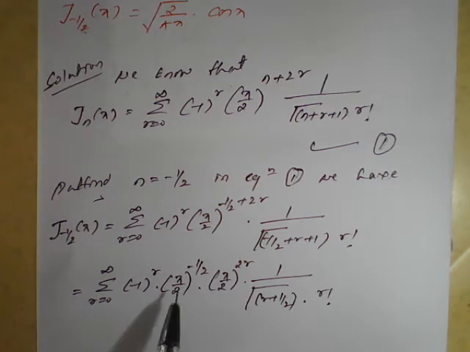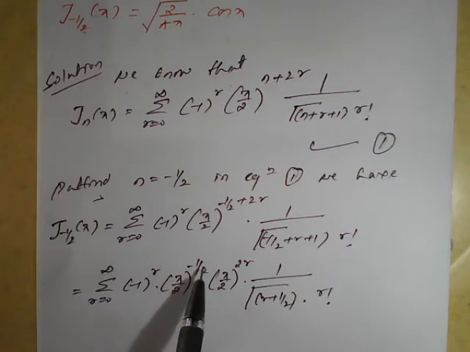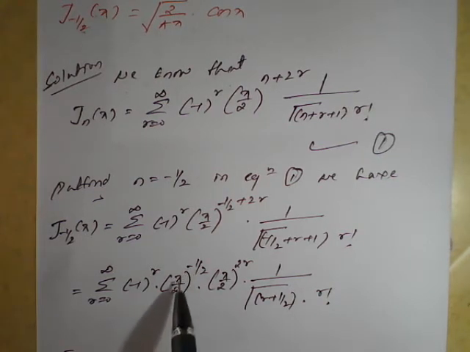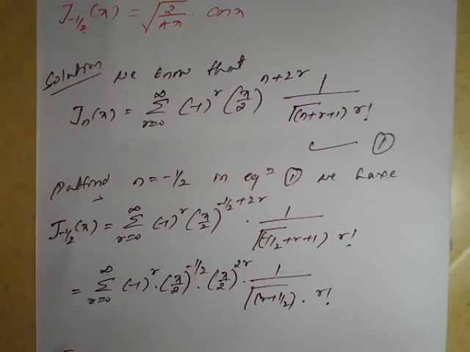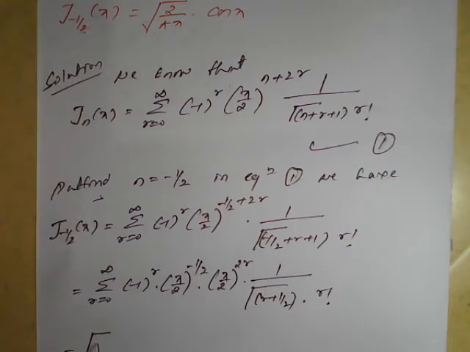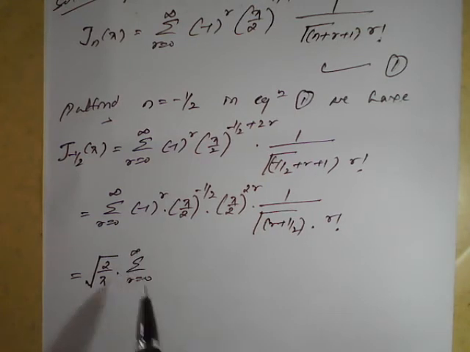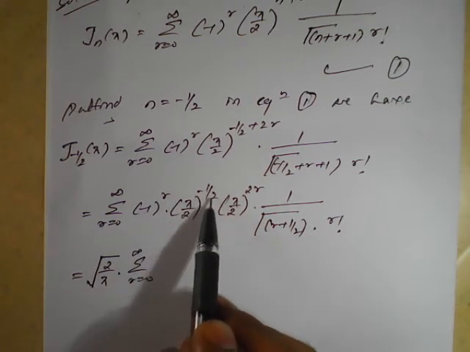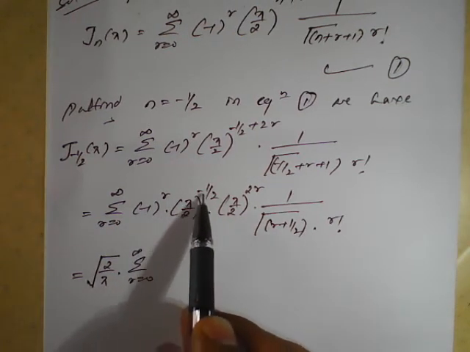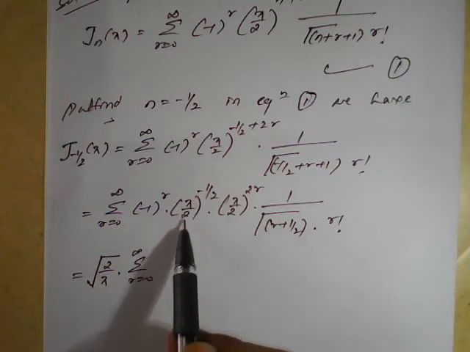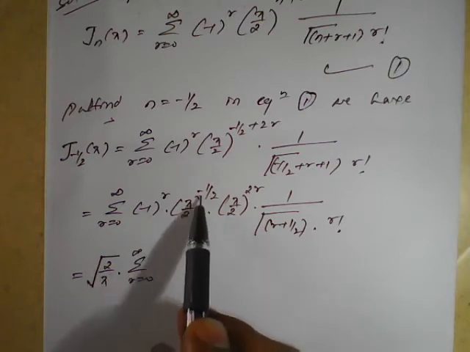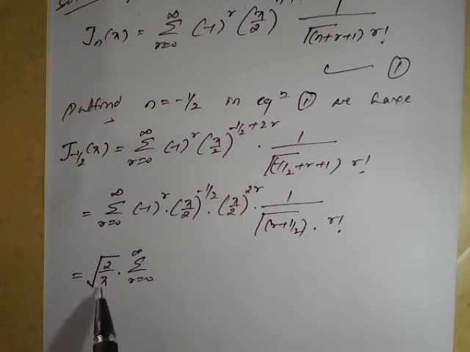Now this x upon 2 raised to minus 1 by 2 can be written as, you reverse it because of the minus, it will become 2 upon x raised to 1 by 2. So I will write it as square root of 2 upon x into summation r from 0 to infinity. The x upon 2 raised to minus is there, you make it plus, meaning it will become 2 upon x, so 2 upon x raised to 1 by 2 will become square root of 2 upon x.